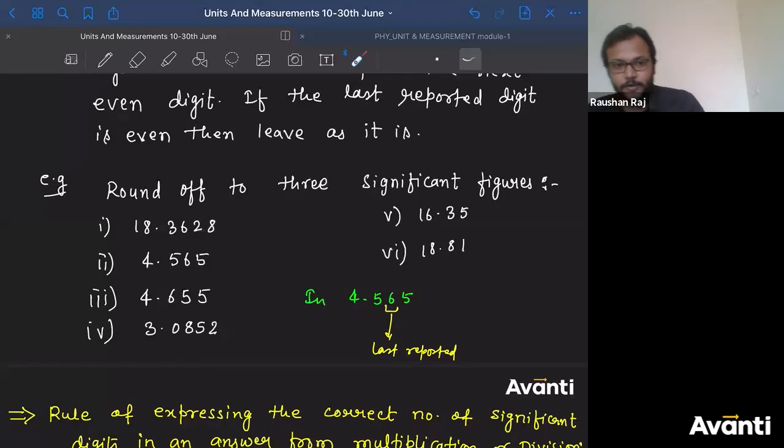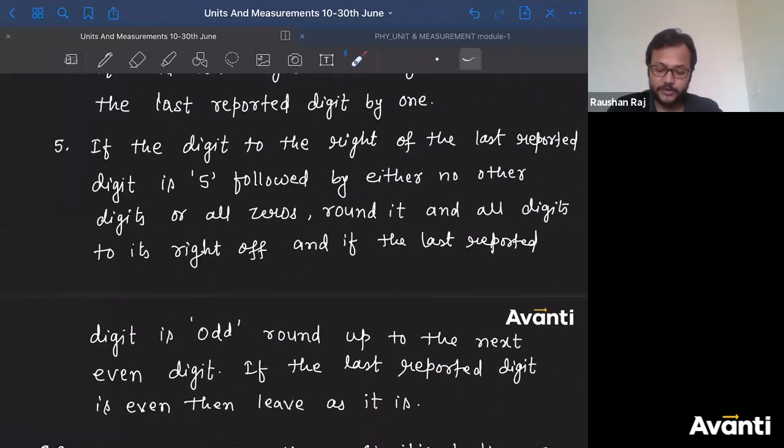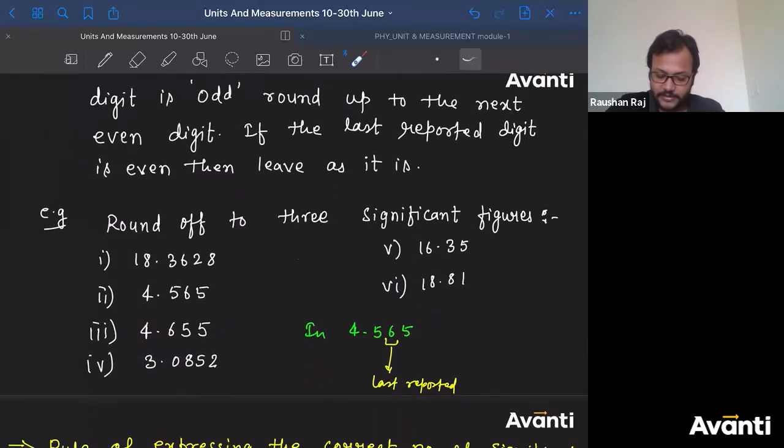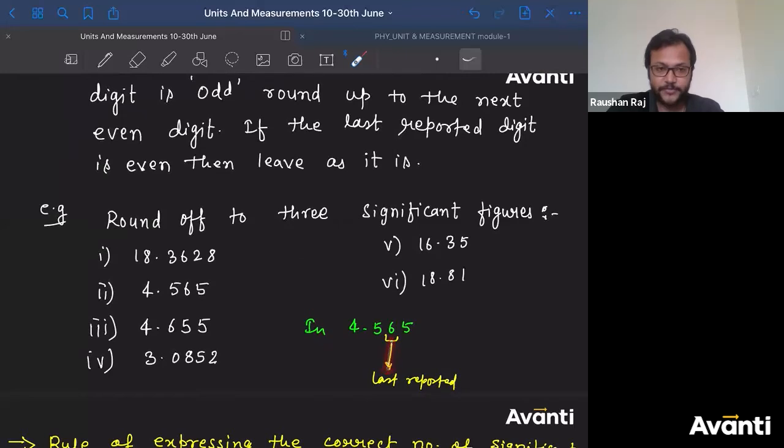Acha. Now what is that rule here we have to discuss? If the digit to the right of last reported digit is 5, then what you have to do? You have to check if the last reported digit is odd, then round it off and increase it by 1.